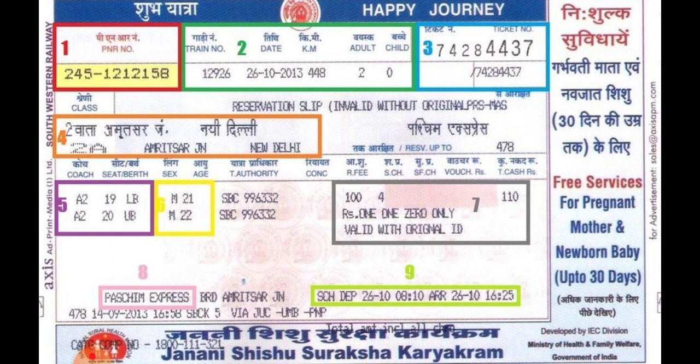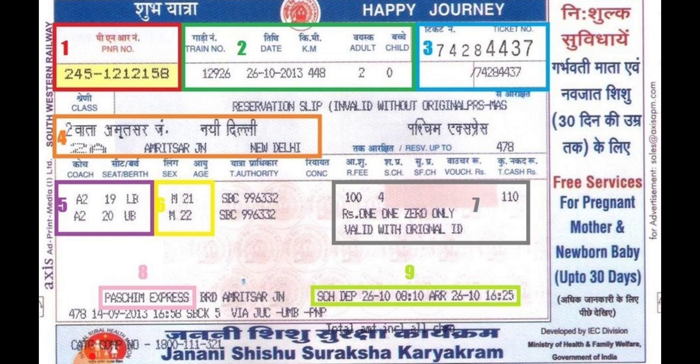In the fifth column, you can find three different things. That is the coach number, which is AC. So the coach number is A2. It can be SL also; for sleeper, it will be written SL or S. A2 means it is an AC coach.